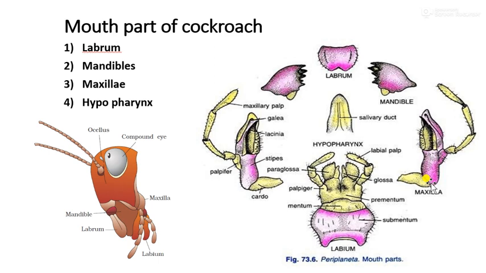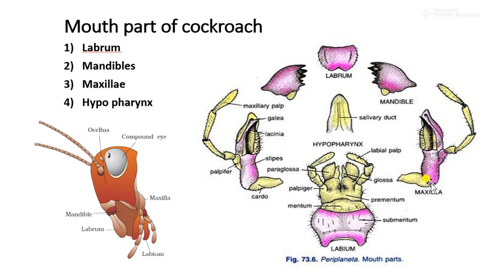The cardo joins the maxilla with the head capsule. From the outer surface of the stipes arises a five-jointed maxillary palp representing the telopodite, at the base of which is a small sclerite called the palpifer.